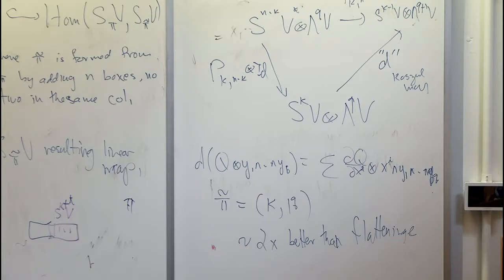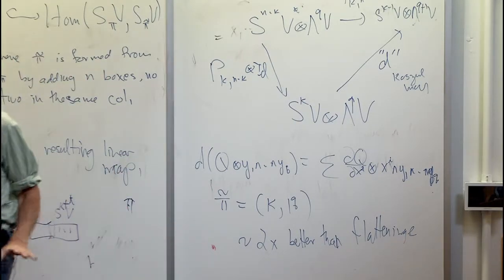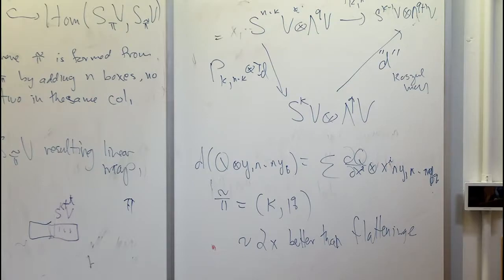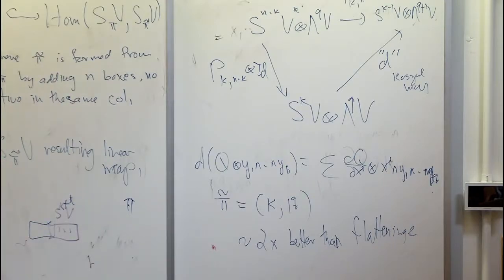We're comparing, in Waring rank, how many we want to write a polynomial p as a sum of nth powers, and we want to get a lower bound for that number of nth powers that we need. Using flattenings or the partial derivative method, we got a bound, basically the rank of that flattening map. And basically here you can potentially get about twice as good of a bound. Okay? And you do get about twice as good of a bound. So as far as computer science is concerned, that's not so serious yet, but let's continue nonetheless.